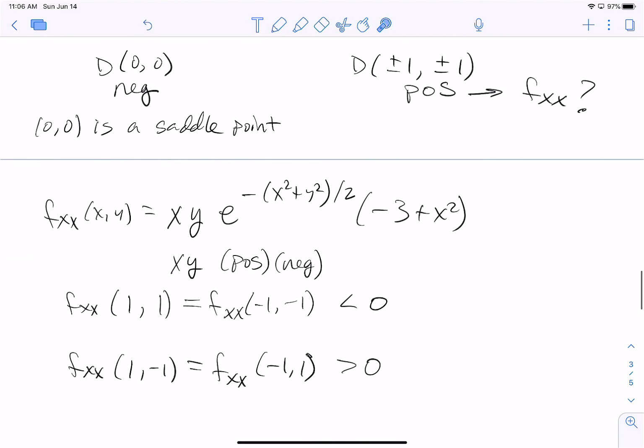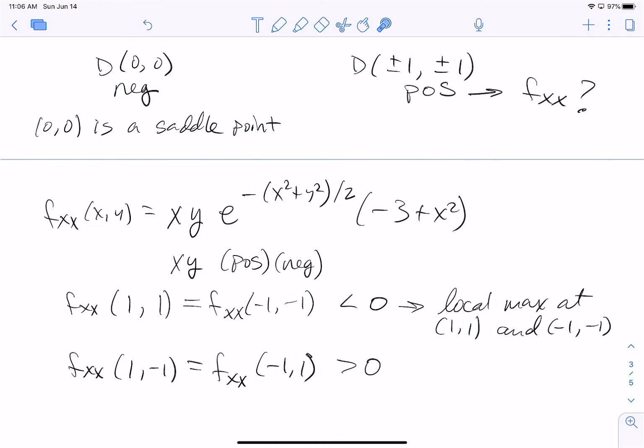For a D value that's positive and a second derivative fxx that's negative, now I'm thinking about R2: negative second derivative, concave down. There's a local max at (1, 1) and at (negative 1, negative 1).